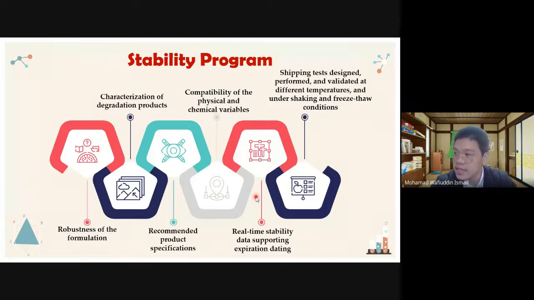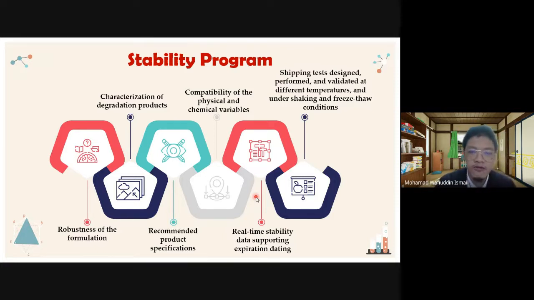Lastly is the stability program. The stability program is not only related to the laboratory method, but also to how the product must be transported, how it can be used, and how it is reused. So the stability program, we can say, is related from A to Z, from the laboratory towards the patient.